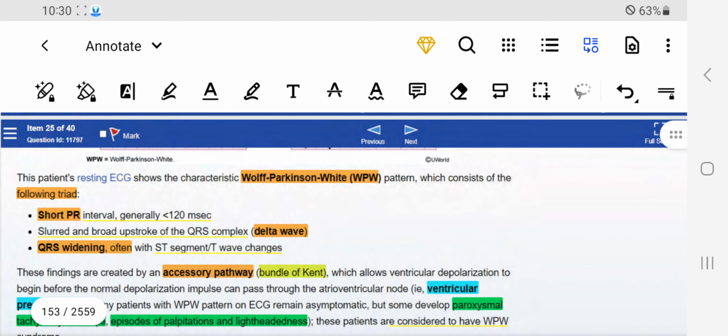So Wolff-Parkinson-White syndrome would show the following triad: short PR interval, delta wave, QRS widening. Short PR interval is generally less than 120 milliseconds. The delta wave is a slurred and broad upstroke of the QRS complex. QRS widening is often with ST segment or T wave changes.